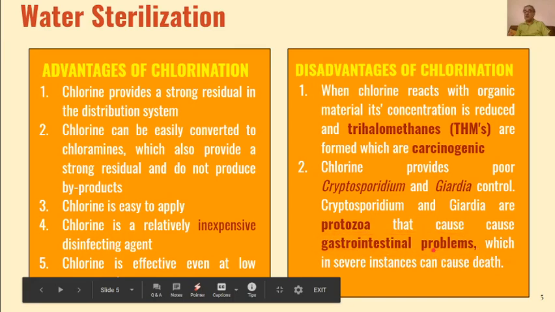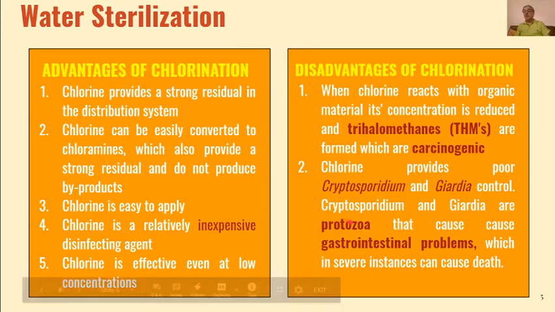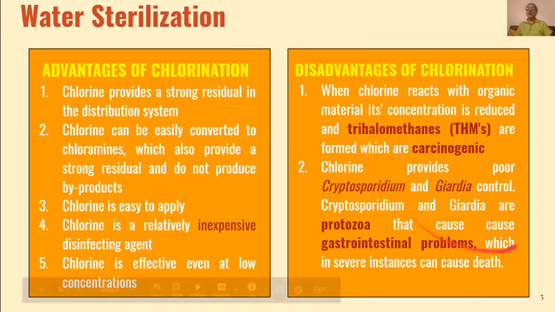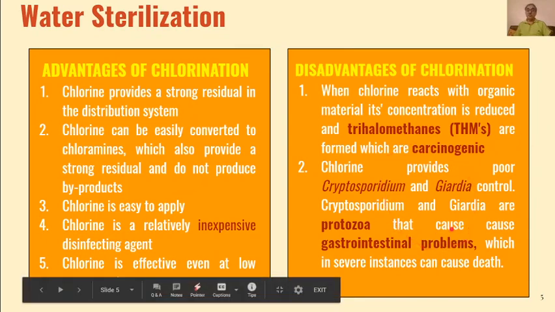And if this gastrointestinal problem becomes severe, then it can even cause death of the person. So chlorine is not effective against protozoans, which are responsible for gastrointestinal problems. So this is again one more disadvantage of chlorination.